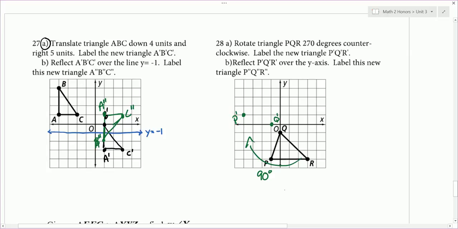Let me show you another way. So point P is at the point negative 1, negative 4. And if you compare that to point P prime, we are at negative 4, positive 1.